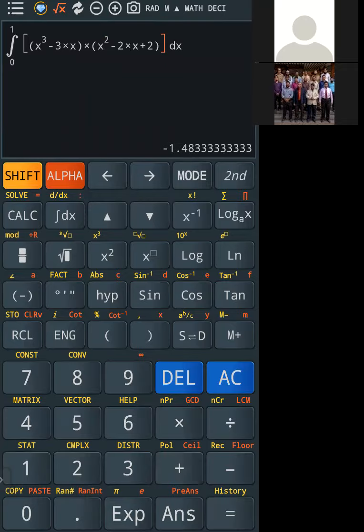Let's solve the second term: x cube minus 3x as it is, times x cube plus 3x. Let's solve that. You'll get minus 2.86. I'll write that as minus 2.86. This is the coefficient of C3.